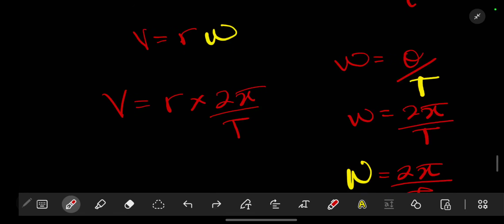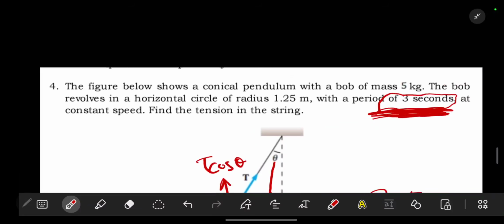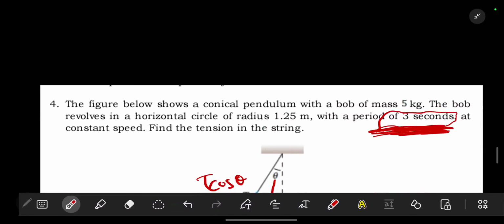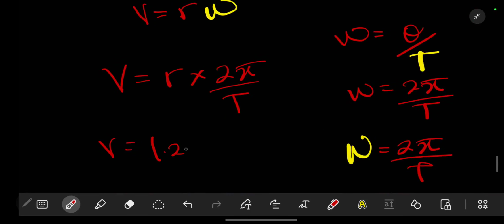So we are going to have our v should be equal to, what is our radius? Our radius is equivalent to 1.25, so we write 1.25.